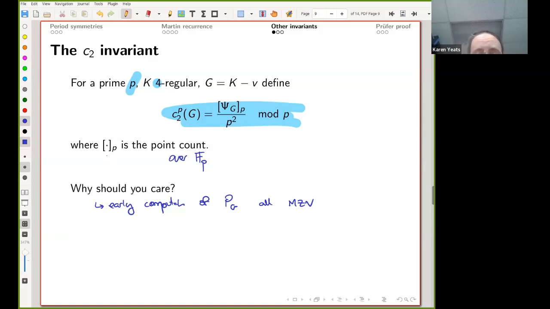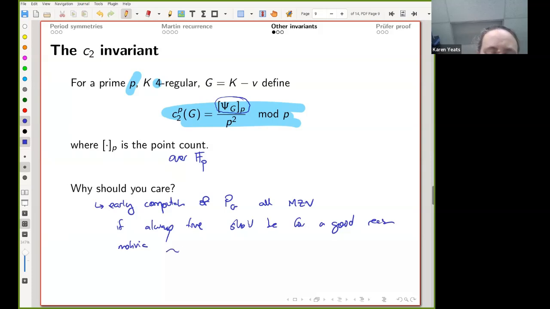And so one of the consequences of this is that this point count, just this guy here, would be a polynomial in P. So if this is always true, it should be for some good mathematical reason. The reason would be motivic, and it would imply that this thing is a polynomial in P.